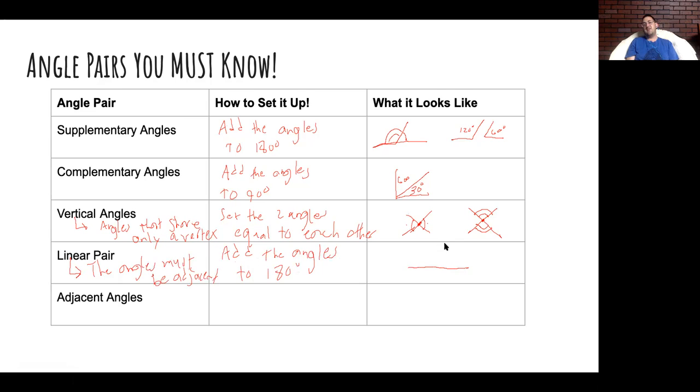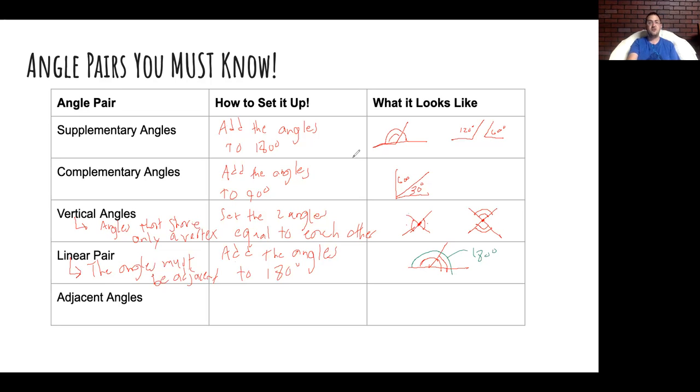So this is where we have a line, and we can see that the straight line makes 180 degrees. I'll use a different color, maybe my dark green. We can see that this dark green angle that I created is 180 degrees. So that's a linear pair.